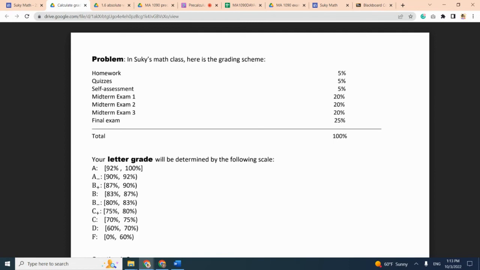The quiz is 5%. Self-assessment, 5%. Self-assessment, we have the practice exam. That is 10 points, okay? So for those of you who didn't submit your practice exam, you can still submit it now, right? So please do it. That's 10 points. So first use your pencil to finish your work.